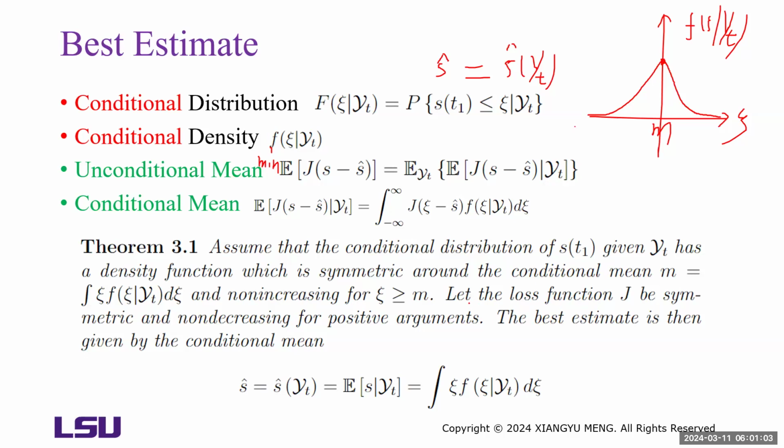The loss function, let's assume the loss function is J. We want to minimize the average of the loss function. The loss function is symmetric around 0, and non-decreasing for positive argument. So the loss function will be defined like this.